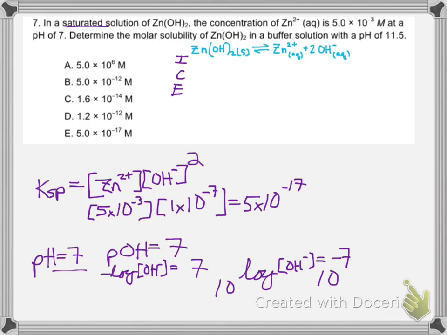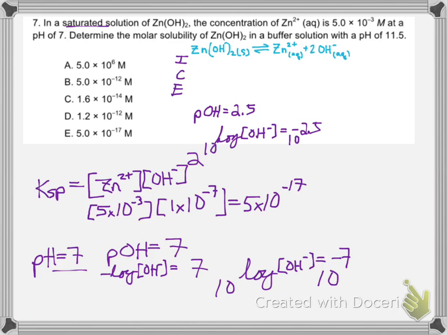So once again, we're going to use the definition of pH to find the pOH, which is 2.5. And just like we did below, we're going to figure out what the hydroxide concentration is using that. So the log of the hydroxide ion concentration is equal to negative 2.5. So we'll do 10 to both of those powers.